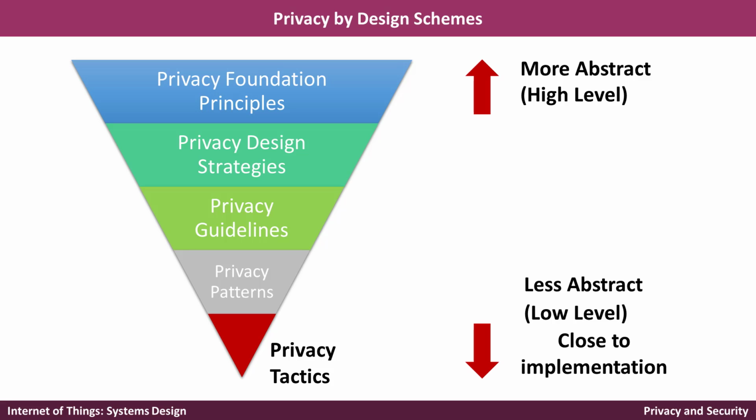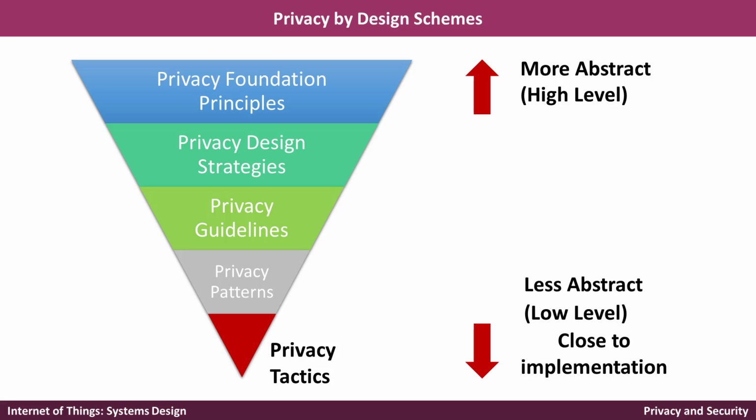A privacy by design scheme is basically a bunch of ideas combined together as a list, where each of the elements within these schemes contributes to protecting privacy in a unique way. There are many different terms we use to identify these privacy by design schemes.